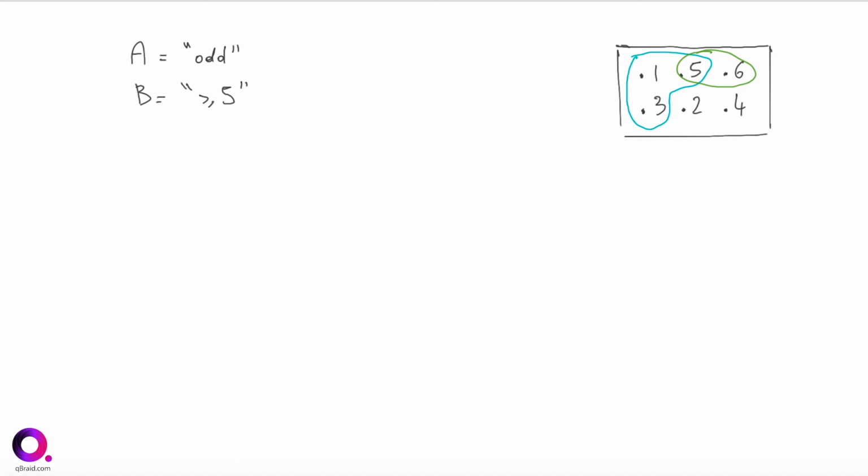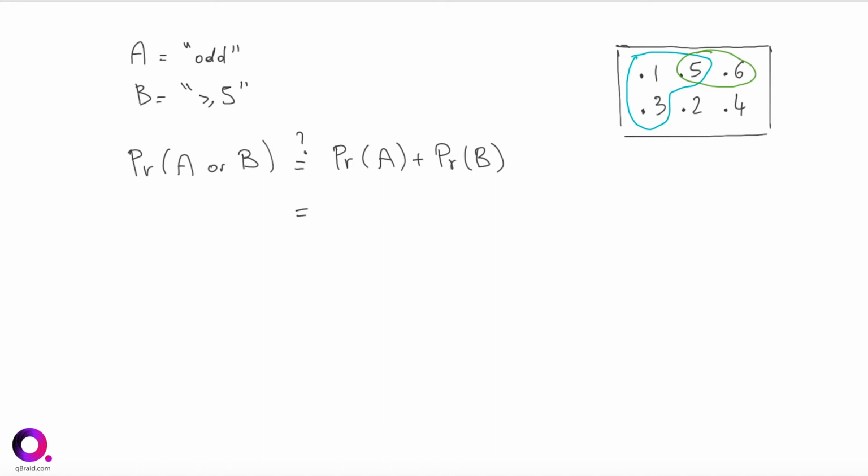Now we're interested in calculating the probability of A or B. And so the question is whether this is equal to the probability of A plus the probability of B. Now notice that the probability of A is equal to the number of outcomes corresponding to event A, which is 3, right?